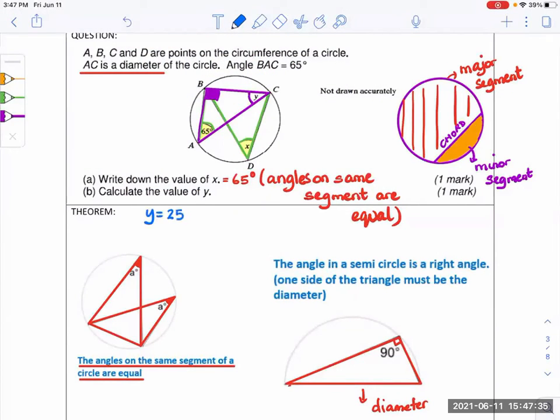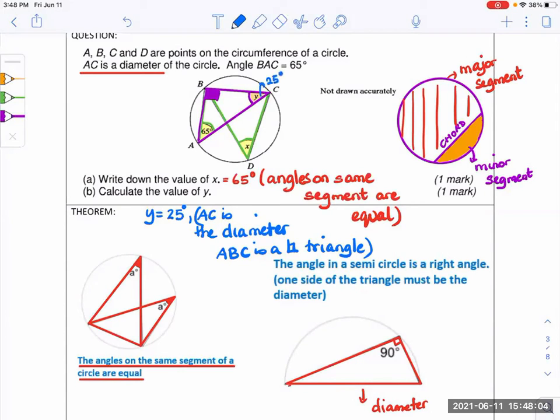And the reason is AC is the diameter, or you can say that ABC is a right angle triangle. Do you all see that? Did you all get angle Y to be 25? Yes, miss.